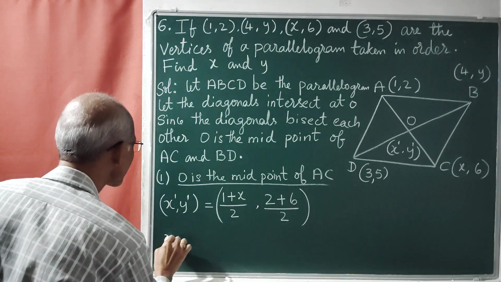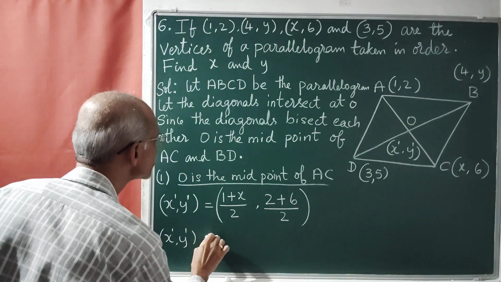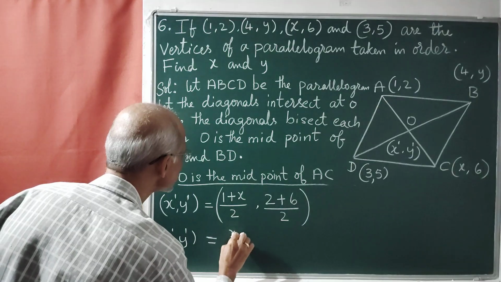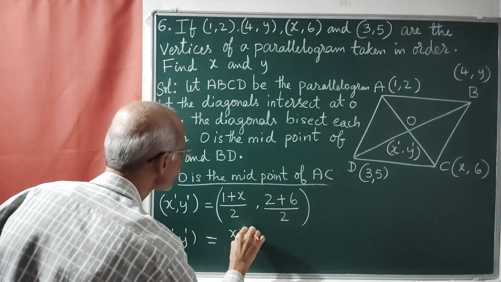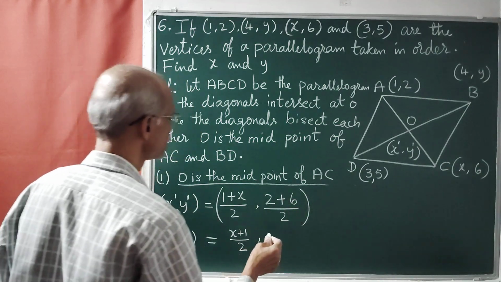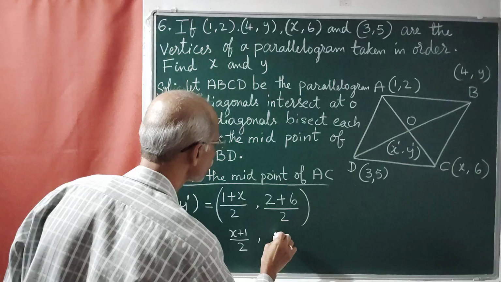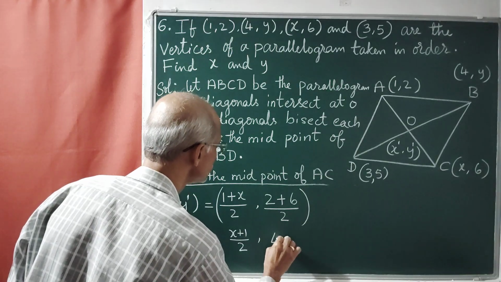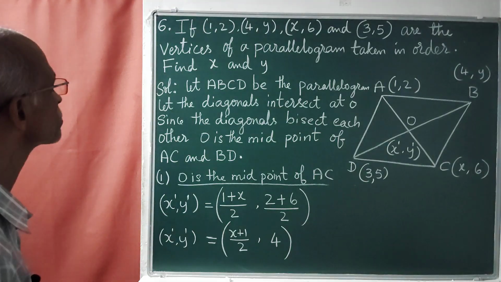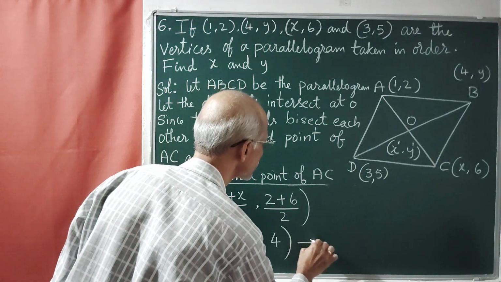So (x', y') will be equal to ((x plus 1) by 2, 4). We solve it, we will get 4. So let this be equation number 1.